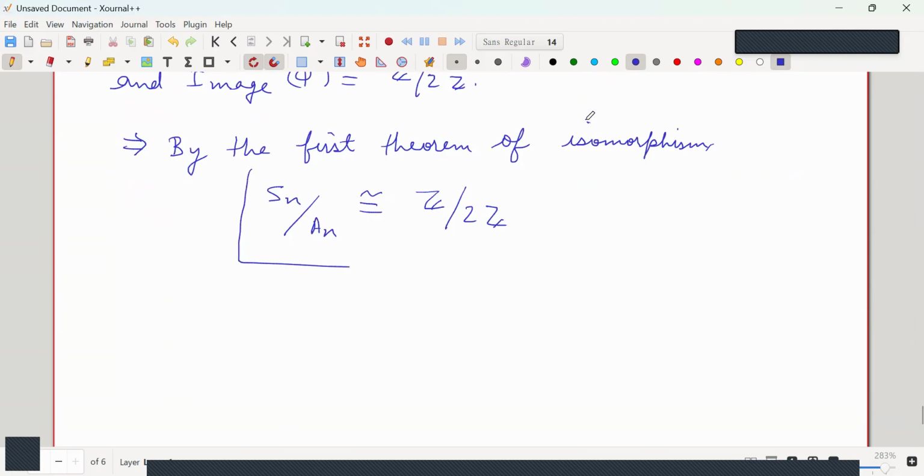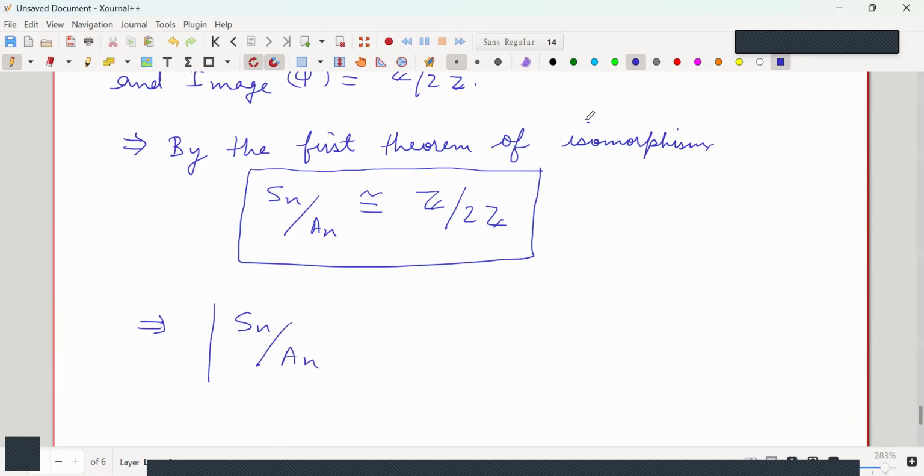And in terms of cardinality, what will we get? This implies size of Sn by An, which is the same as size of Sn divided by size of An, is the same as size of Z mod 2Z.